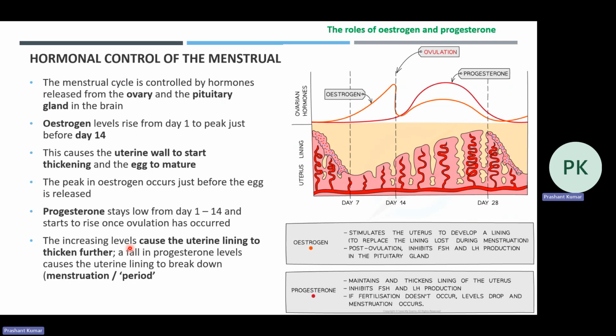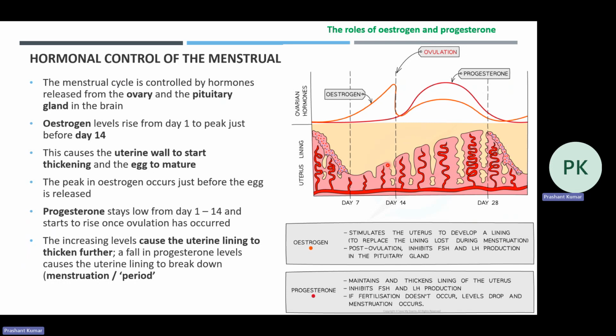On the graph, you can see there are two graphs, the estrogen graph and the progesterone graph. Estrogen is produced by the ovary, right? The estrogen level rises from day 1 to a peak just 1 day before ovulation. During this time, it initiates the uterine wall to start getting thicker, and egg maturation also.